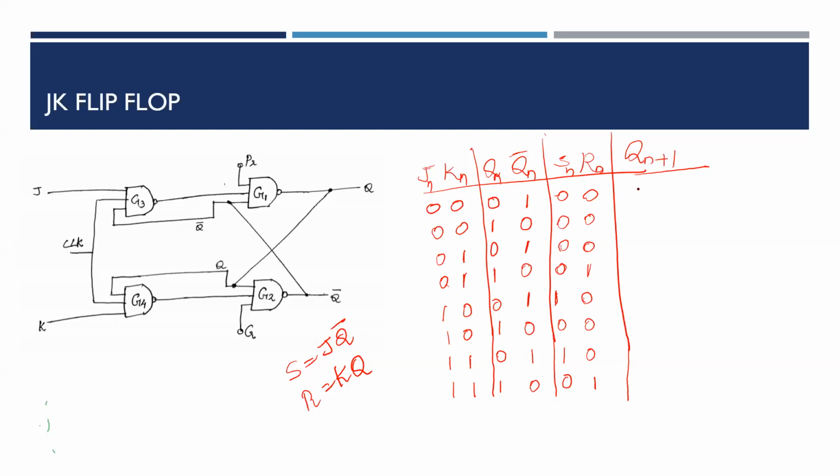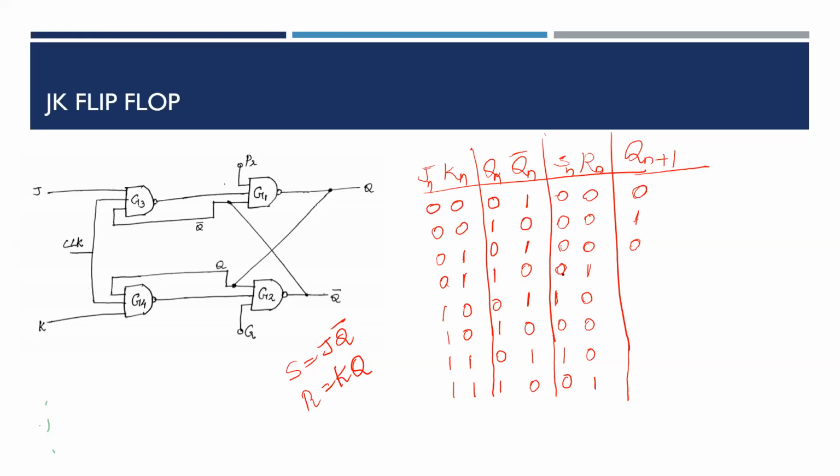In the next row, again S equal to 0, R equal to 0, so Qn plus 1 will be equal to Qn. ഇവിടെ എത്രയാ Qn? 1. Okay. In the next row also, S is 0, R is 0. So Qn plus 1 will be equal to Qn. 0.